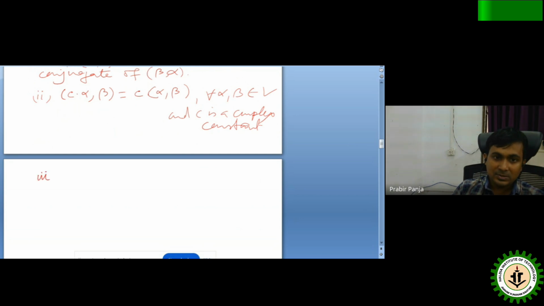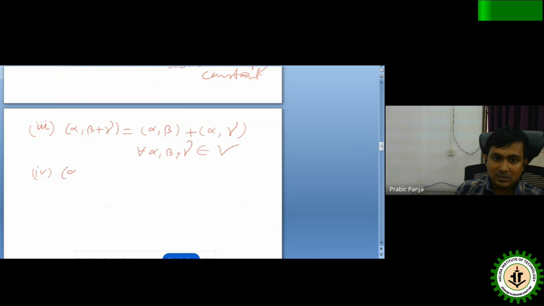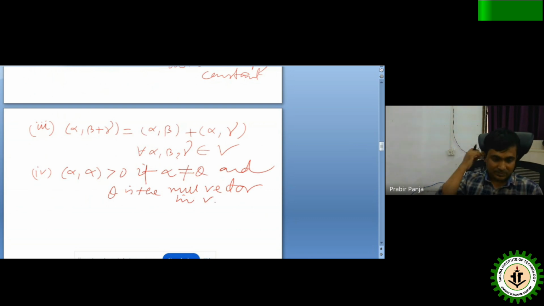Now the third condition is alpha comma beta plus gamma equal to alpha comma beta plus alpha comma gamma, where all alpha beta gamma belong to the vector space V. Condition number 4 is alpha comma alpha greater than 0 if the vector alpha is non-null, and theta is the null vector in V. Okay, so if the vector space V under this product rule satisfies these four conditions, V will be called the complex inner product space.